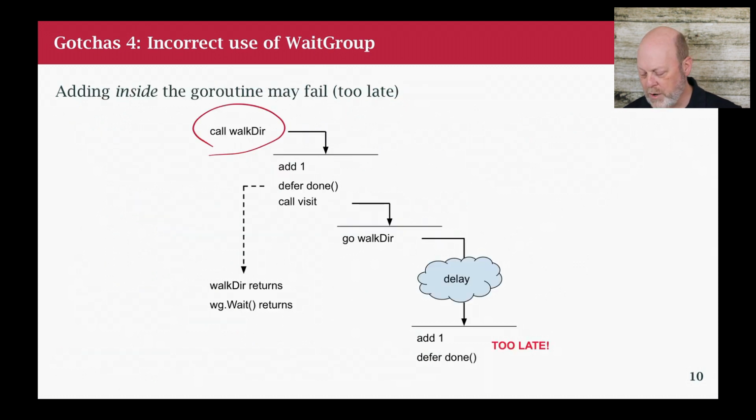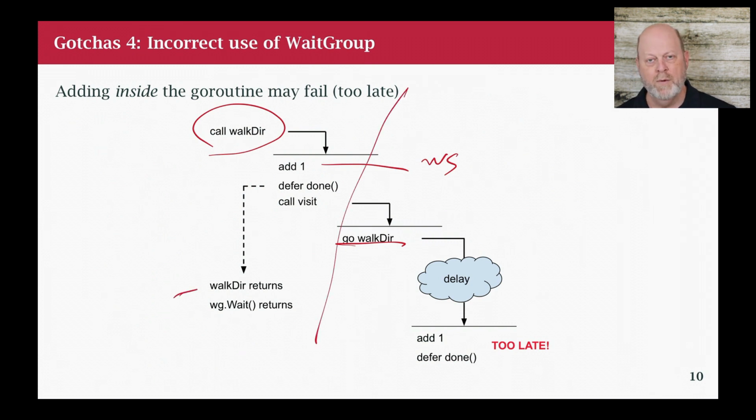So over here we add one to the wait group, we defer, and then we call a function that's going to call a Goroutine. That Goroutine starts, and maybe there's nothing else to do in this first version of walkdir here, so it can return. And when it returns, wait will return if there's nothing else left to do, because this other one hasn't started yet.